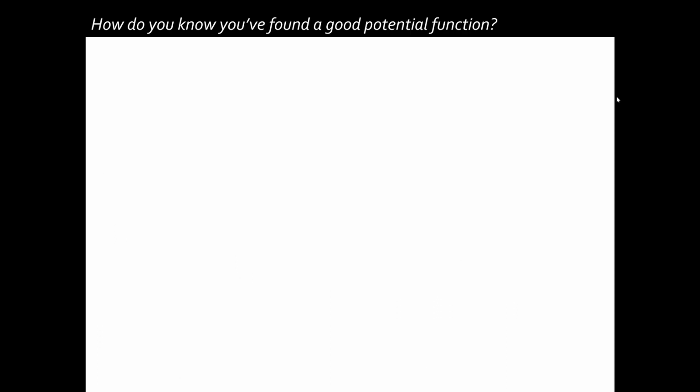Let's finish off with a brief discussion of what makes a good potential function. What we've learned so far is how to compute amortized costs given a potential function. But this leaves the question of, have we found the best potential function we could?